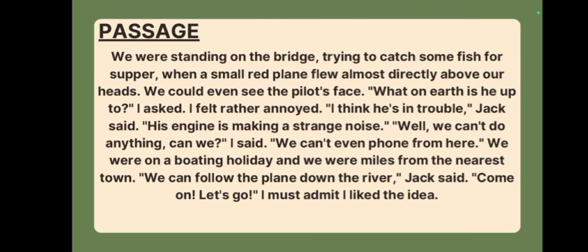"His engine is making a strange noise." "Well, we can't do anything, can we?" I said. "We can't even phone from here." We were on a boating holiday and we were miles away from the nearest town. "We can follow the plane down the river," Jack said. "Come on, let's go." I must admit, I liked the idea.